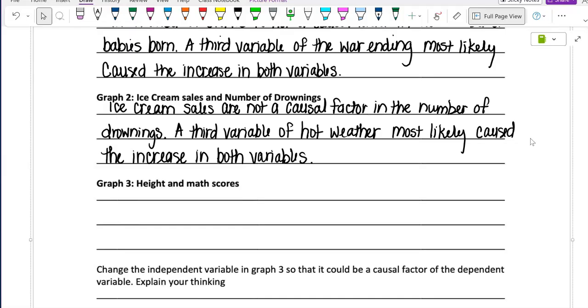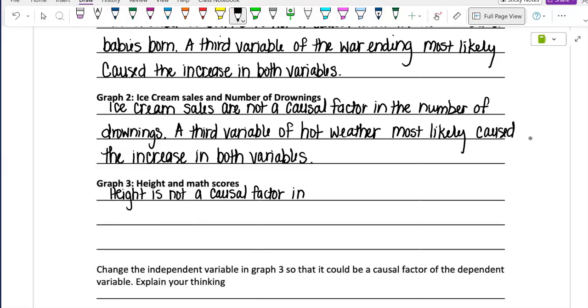And then the last one we just looked at, the height and the math scores. Height is not a causal factor in the increase of math scores.